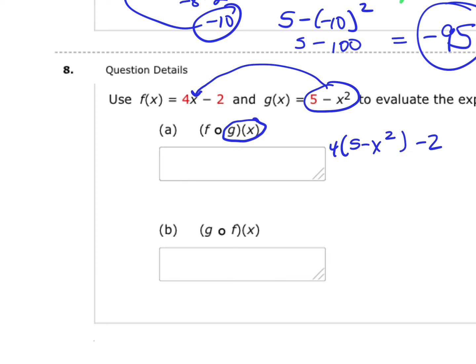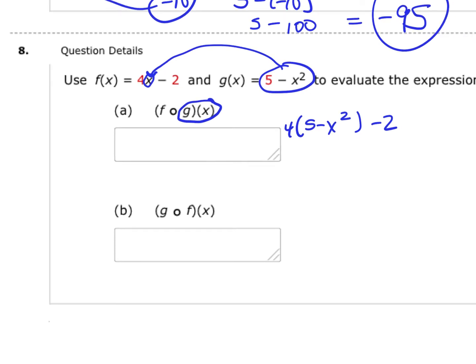I took the entire g function and put it in there for the x value. And then how do we simplify? You just distribute and then combine like terms. So 4 times 5 is 20, minus 4 times x squared is 4x squared, minus 2. What can I combine? The 20 and the negative 2. So this would be negative 4x squared plus 18.